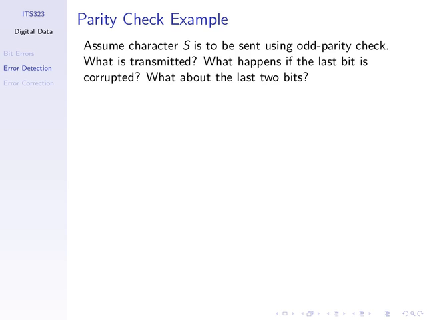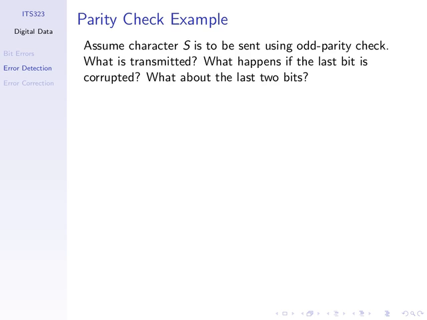So what we do is we take our data and we add a parity bit such that when we combine them, we call the combined block of data bits and the parity bit a frame, and we'll transmit that frame.